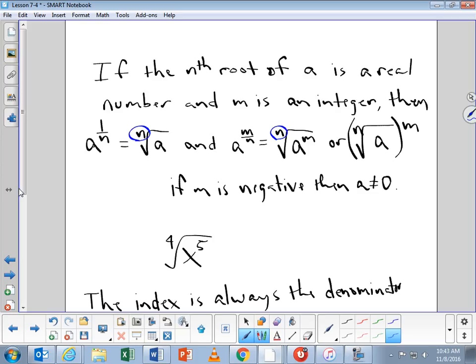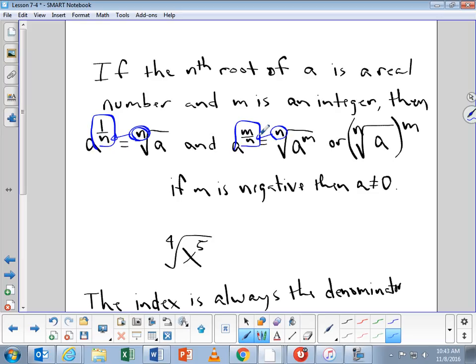Look at the fraction 1 over n. Where's the n at? On the bottom. So it's the denominator, right? So the root becomes the denominator, doesn't it? You need to realize that.